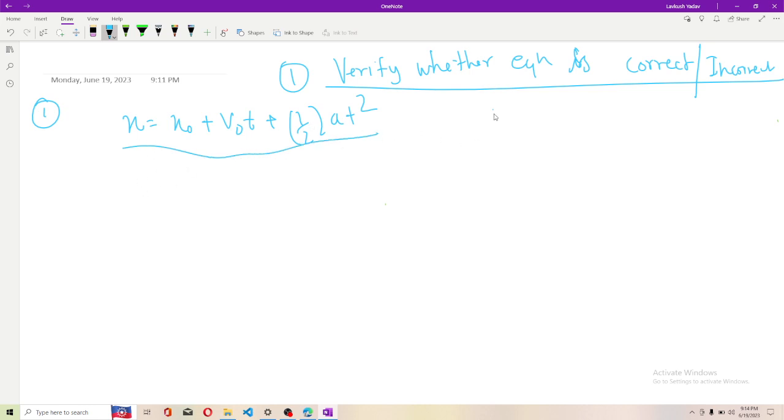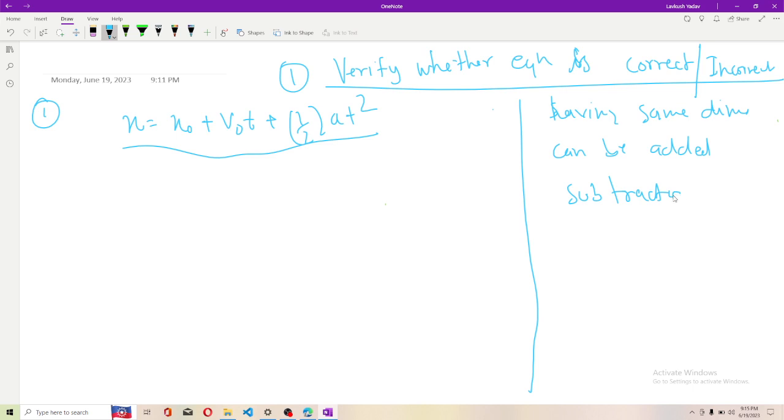I have already told you that quantities having the same dimensions can be added or subtracted. You can write it as a note.